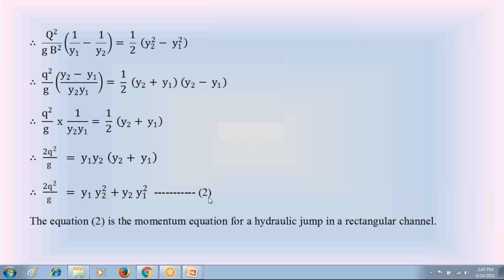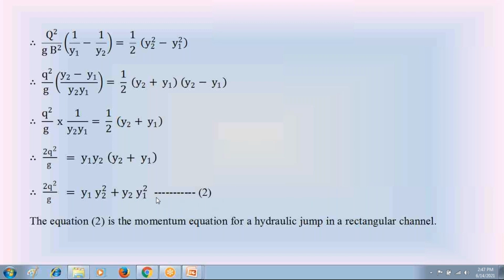The same equation 2, I consider this y2 square as x square. I consider this y1 as x as a. So check this y2 square as x square, y1 as a, then y1 square as b, y2 as x, 2q square by z as c. Then this equation 2 becomes, in terms of y2 square, ax square plus bx plus c equal to 0.